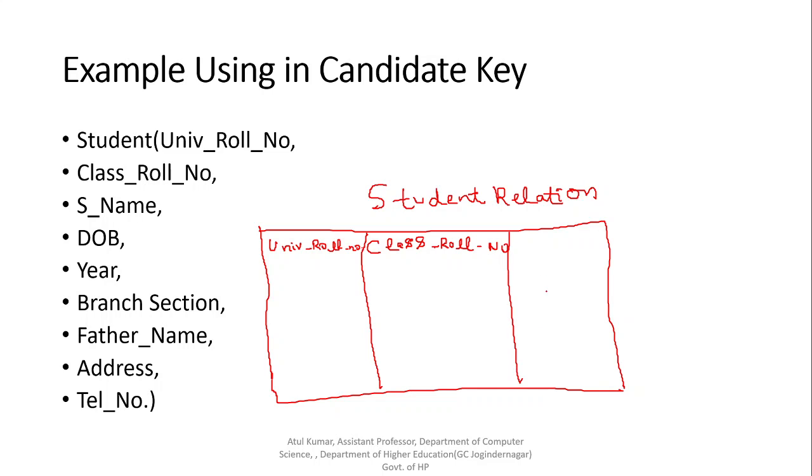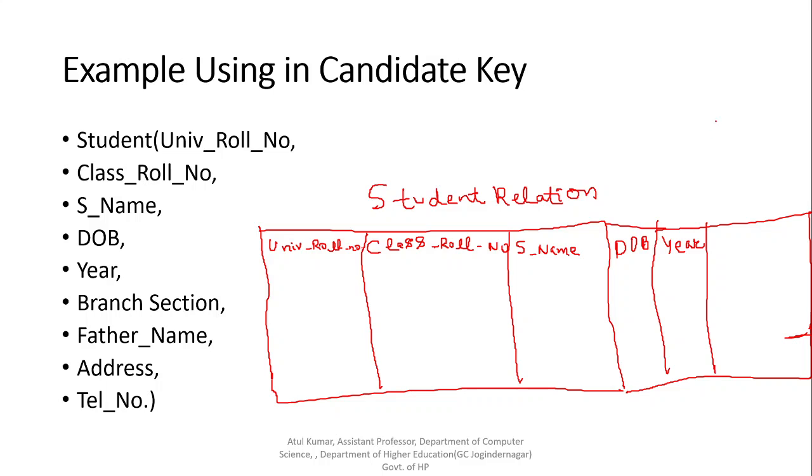The third attribute is student name. The fourth attribute is date of birth. The fifth attribute is year. Then next we have branch section as an attribute.